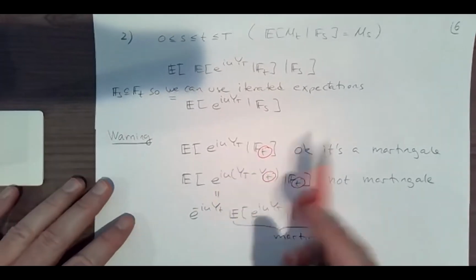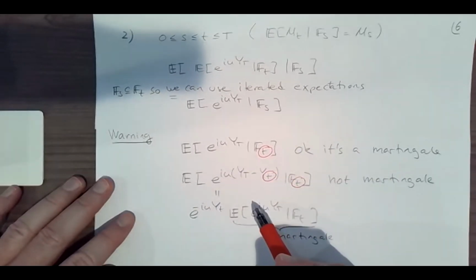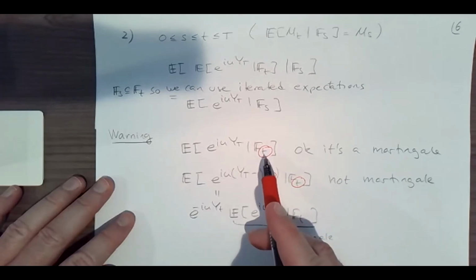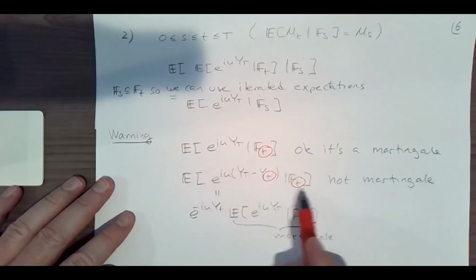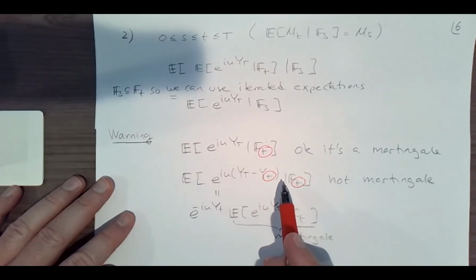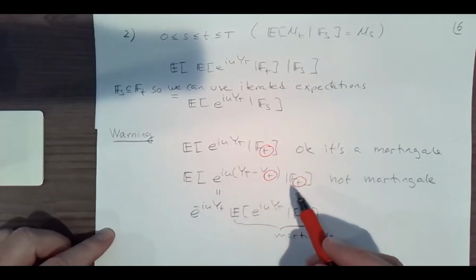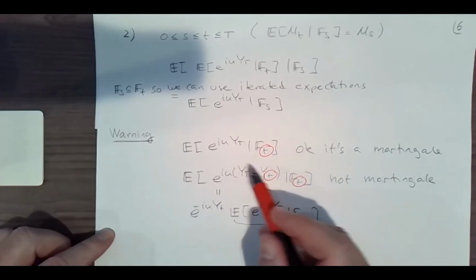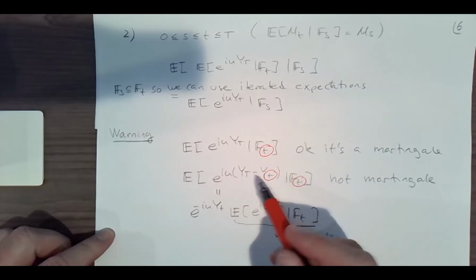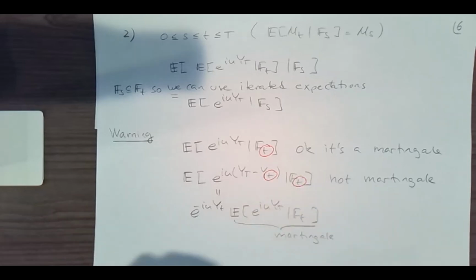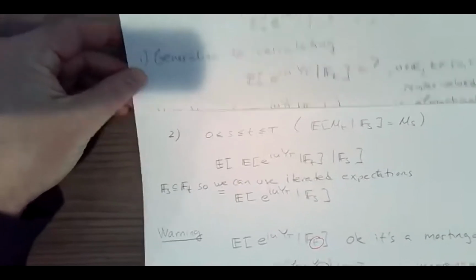This way of proving that it's a martingale works when there's just a little T here. If you have two of them, it typically fails. So one T, when you condition, this is okay. If you have a condition T, and then you also have something inside that depends upon T, then it doesn't work. So just look out for that whenever you use this. Okay, so that was step number one.